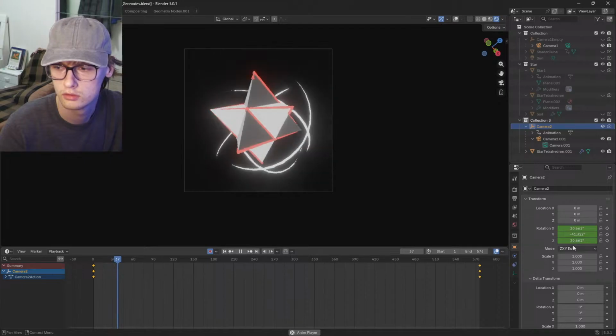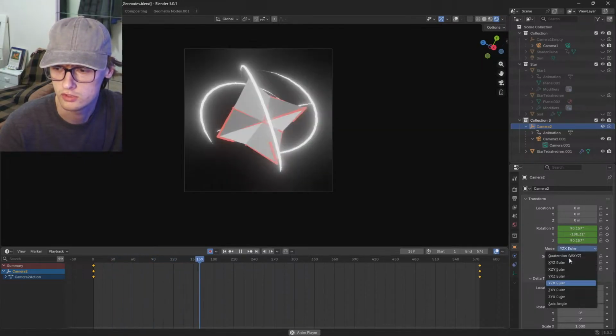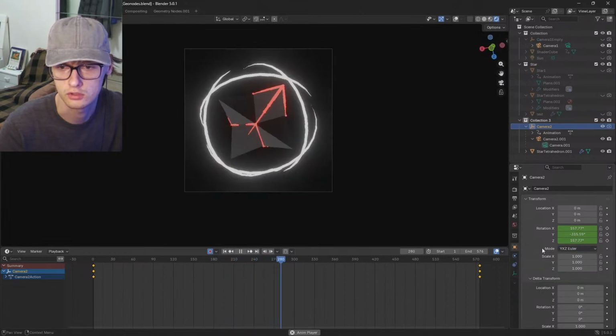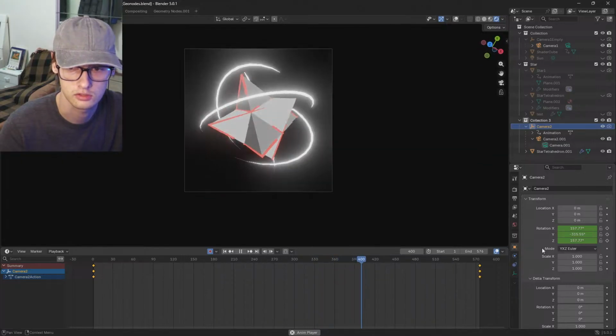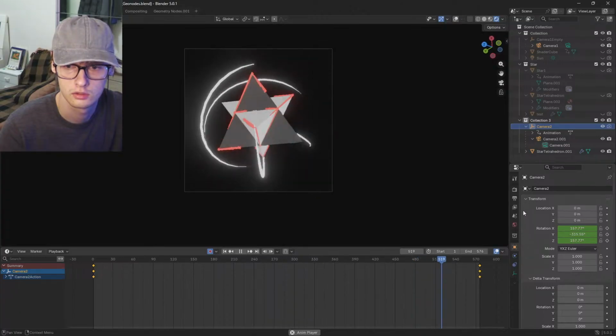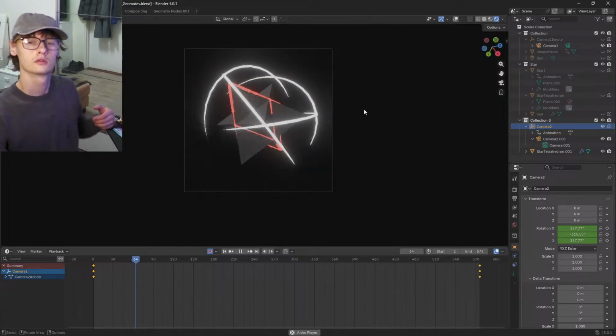Cool. If you play around with the rotation modes, it changes it up. That one's pretty cool. That one accents it pretty well, I think. Yeah. Dope.